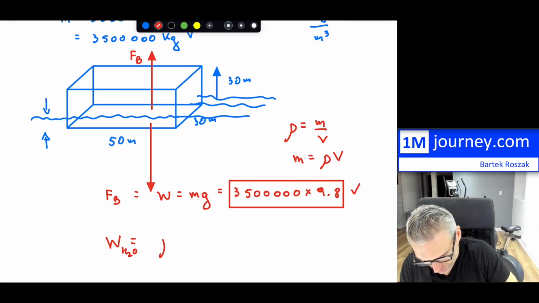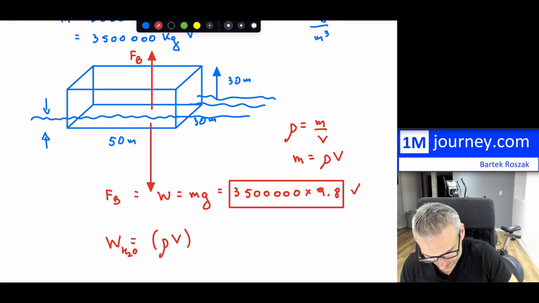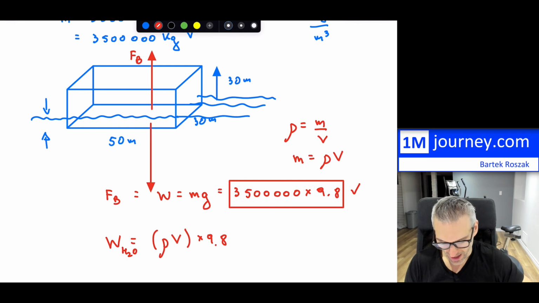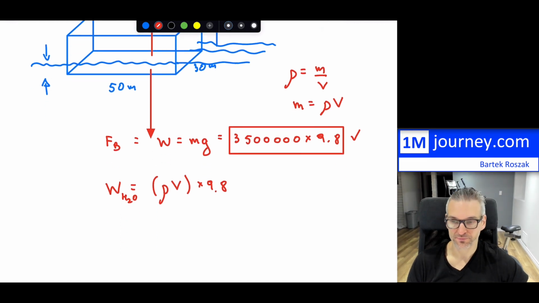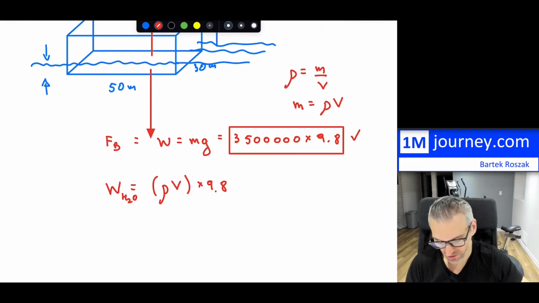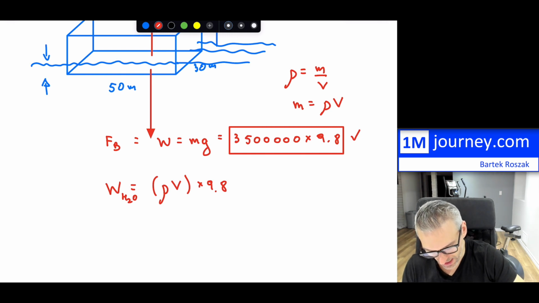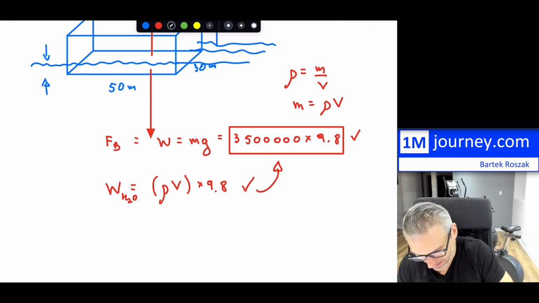So we can substitute that in here. So that's our mass, and this is going to be times 9.8. That's going to be the amount of water that we have, and this is equal to this. So let's substitute everything back in here.